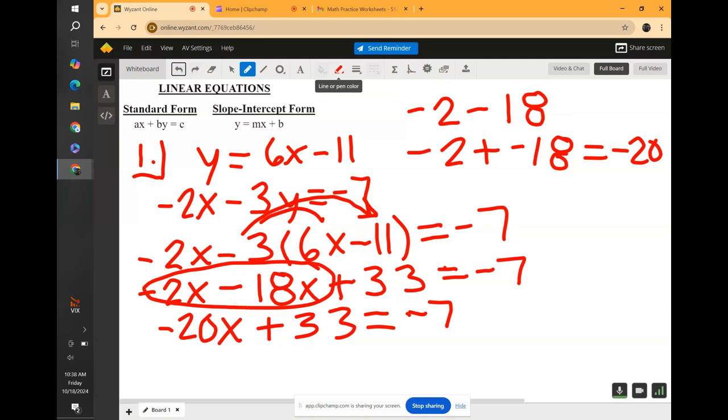Well, we get alone by getting this 33 off of the left side and over to the right side of the equal sign. How do we do that? Well, if we have a positive 33 here, we can get rid of it by subtracting 33, right? Because that would get it to 0. Put a big old equal sign there.